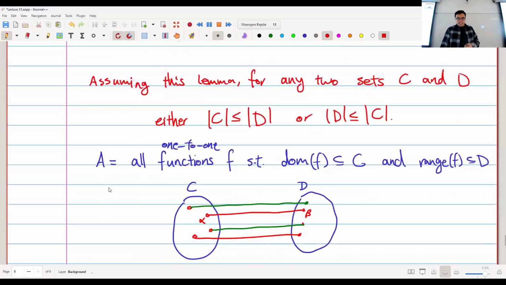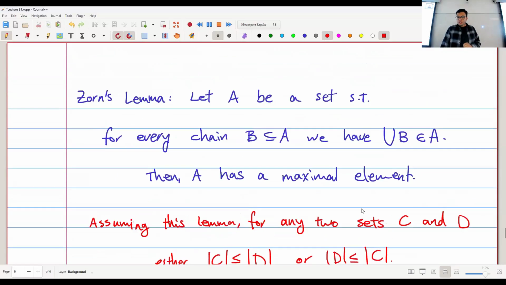So if I say that A is the set of all one-to-one functions whose domain is a subset of C and whose range is a subset of D, this is actually going to satisfy all the requirements of Zorn's lemma. For every chain B subset of A, the union of all the functions in B is also a function in A. Okay? Great.